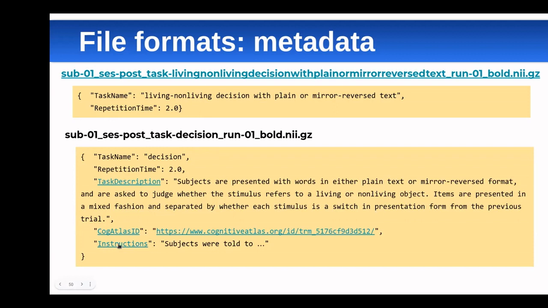You can also, very often in BIDS, use pointers to what are called ontologies that will give you a very strict definition of what type of task it was that people were doing. And if you gave your participant a very precise instruction, you can also copy it in the JSON file of your data set. So this is what I would tend to tell people: just make sure that you add all the metadata you can in your data sets, because it will prove useful in the long run.